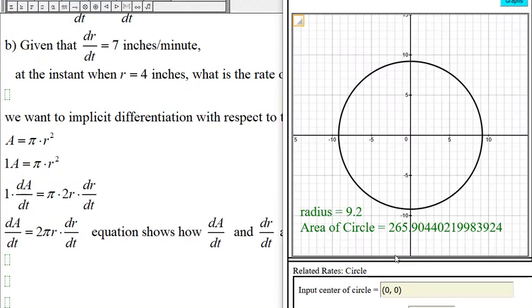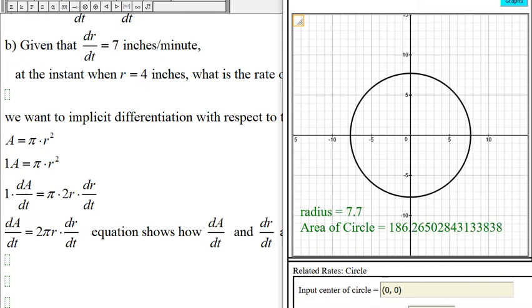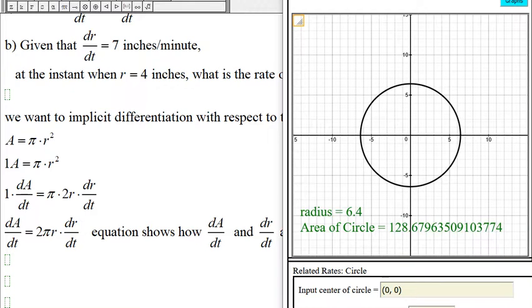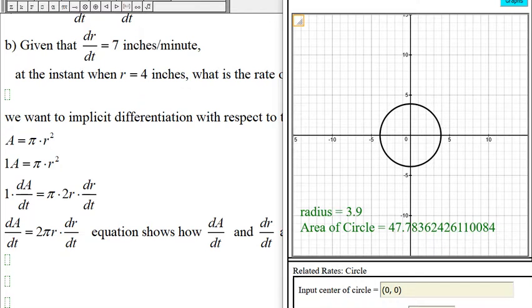So let's look at the circle again. As the radius changes, let's say it starts right here and then starts increasing. At some point in time, at that instant, the radius is 4, and the area of the circle is 50.26.